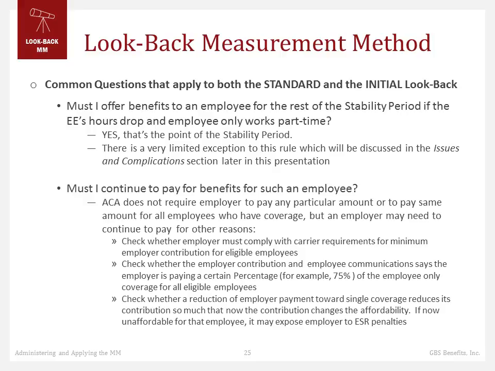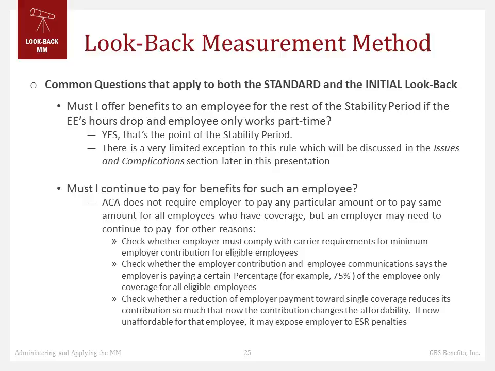You need to check whether the employer contribution and any of your employee communications explains this, says that the employer is paying a certain percentage, for example, 75% of the employee-only coverage for all eligible employees. If in fact you are promising to pay 75% and you've communicated that to your employees, and then you change that because they've reduced their hours, you might not be able to do that, so check into that.